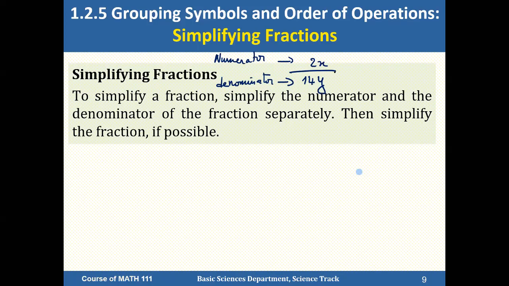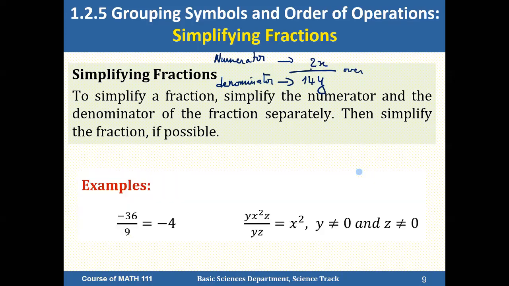This is a fraction. So for a fraction we can simplify also. How to simplify? Here, negative 36 over 9.